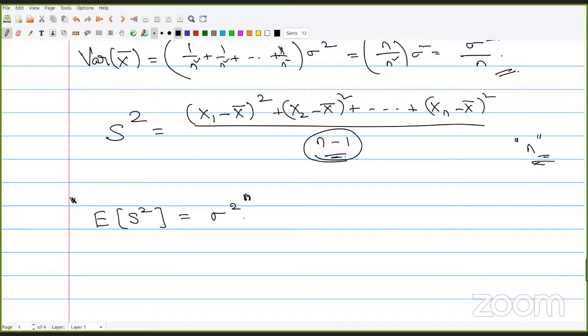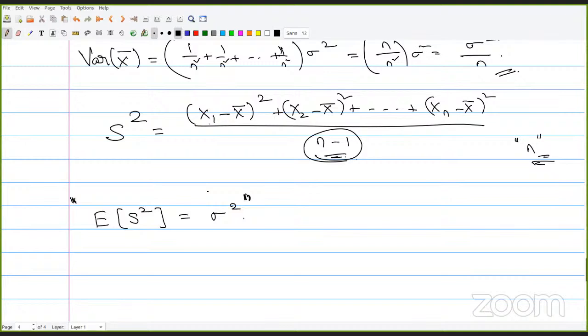Will you agree? The expected value of the sample variance is the population variance as n increases, as the number of samplings we do increases. So ultimately we reach this.